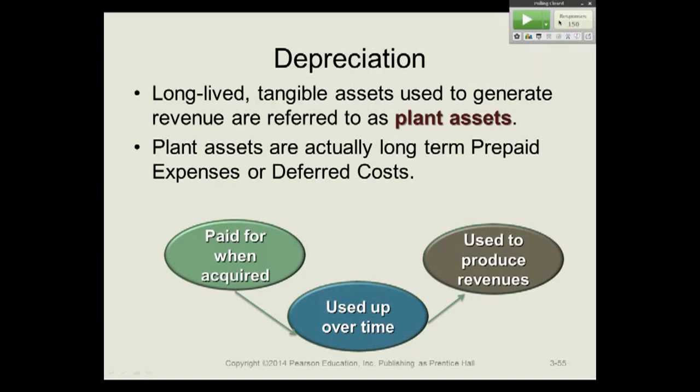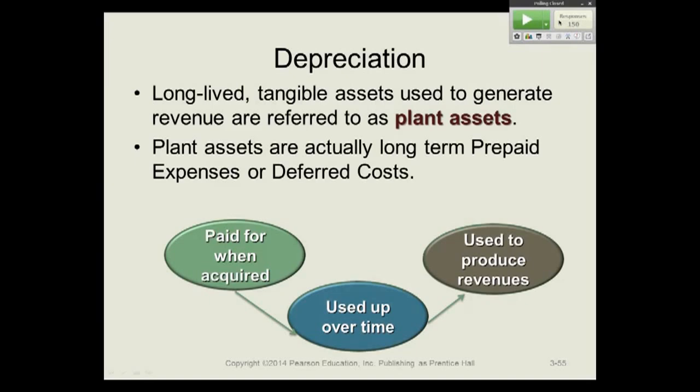If you look at the diagram, it tells you that the asset is created when it's paid. So when you pay for the asset, you set it up as a plant asset, so maybe you debit equipment and credit cash. It's used up over time, and we're trying to measure expense to match with revenues. Now, this is a prepaid expense, but we normally don't look at it that way.